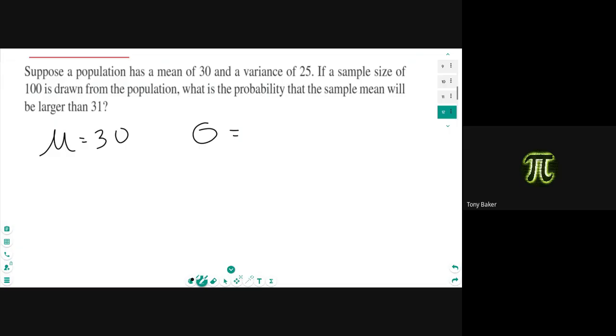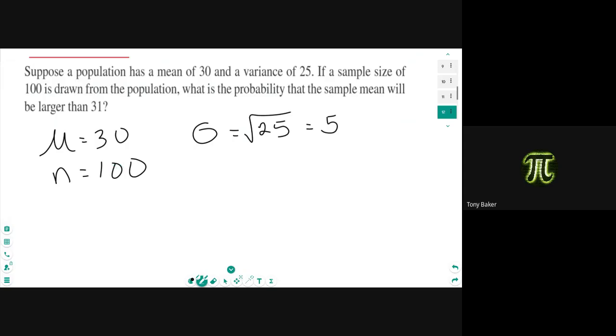So what's the square root of 25? It's 5. Use your calculator. It's a little check mark symbol. And unlike most of your other math classes, it's just 5. It's not plus or minus 5. And what's my n? What's my sample size? 100. Okay.